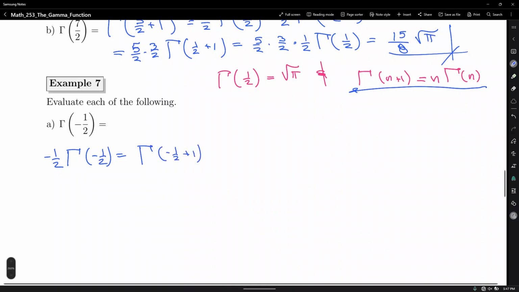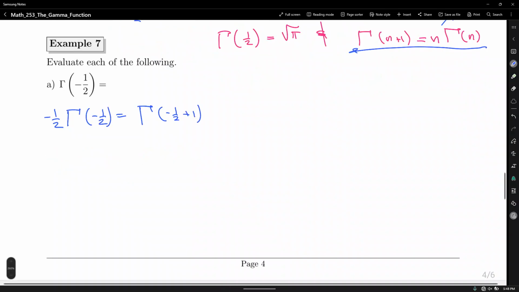All right? But what is negative 1 half plus 1? Isn't that plus 1 half? This is gamma of 1 half, gamma of negative 1 half times negative 1 half. But what's gamma of a half? Isn't that root of pi?